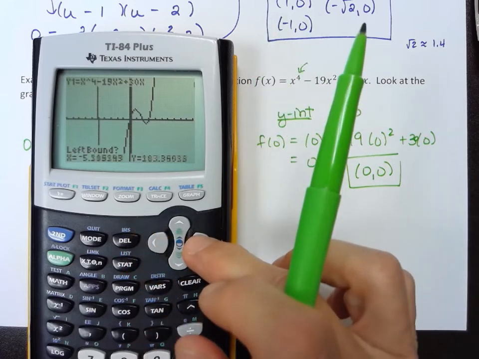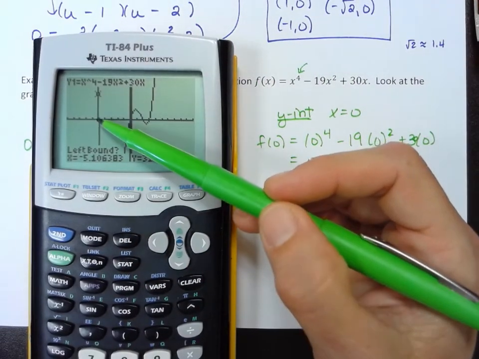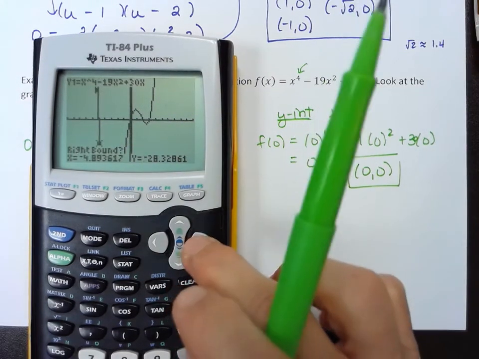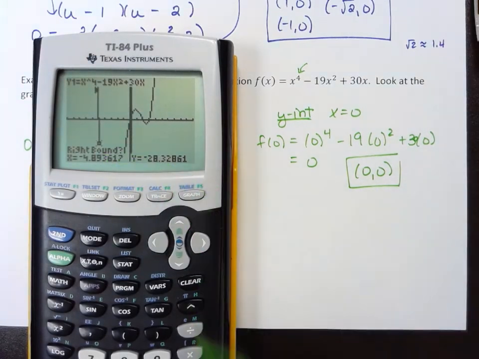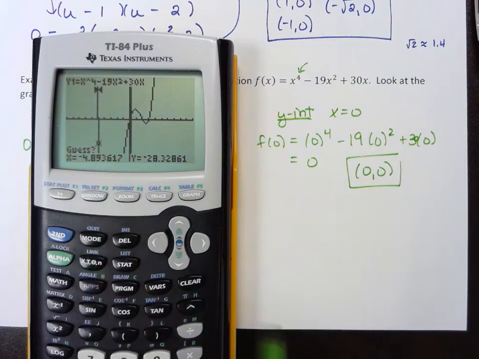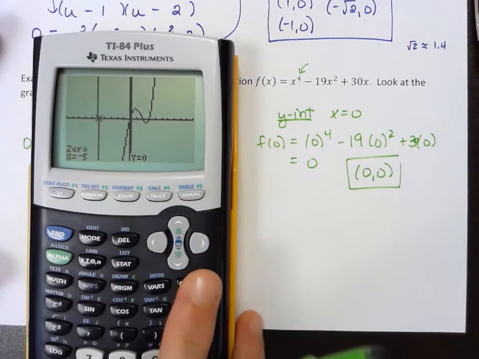There it goes. Alright, so here is my cursor. It is on the left side of this point. So push enter. I scroll to the right. Now it's on the right side of my 0, and the calculator says, do you want me to guess? Well, yes, I want you to guess. So it's saying that we have a 0 at (-5, 0).